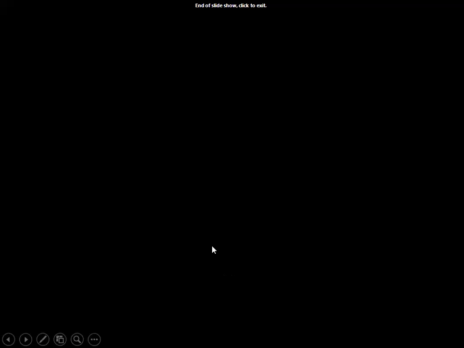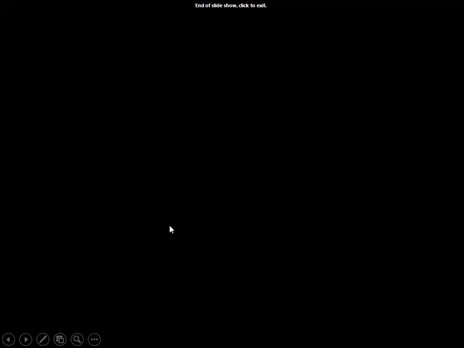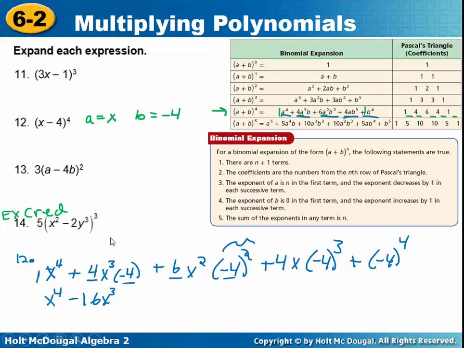So negative 4 squared, stop, it doesn't want me to finish. Negative 4 squared is 16 because negative 4 times negative 4 is a positive 16. So then I have to take 6 times 16. That's a big number. 36, 96. So I'd have 96x squared.